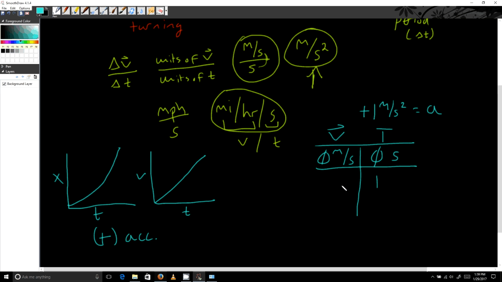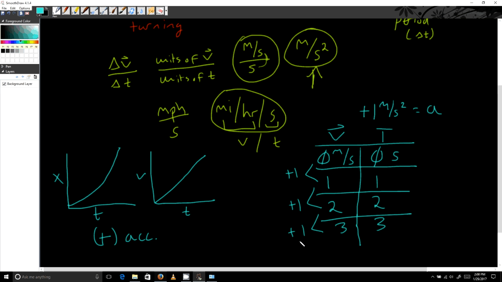After 1 second, I'm moving at 1 meter per second. I've added 1. After 2 seconds, I'm moving at 2 meters per second. Again, I've added 1. After 3 seconds, I'm moving at 3 meters per second. Again, I'm adding 1.